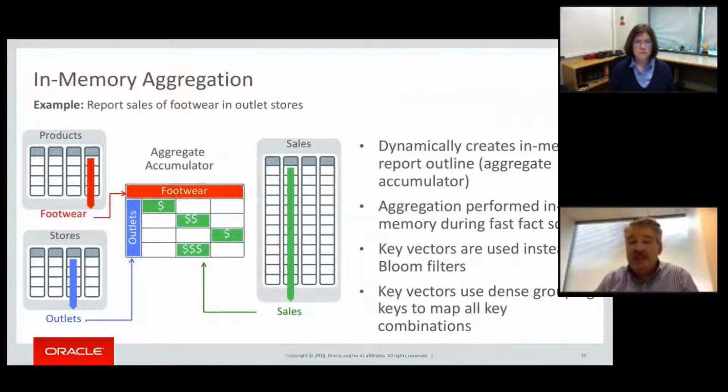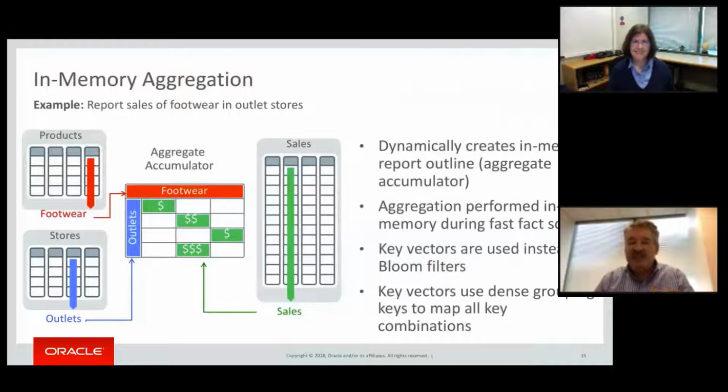As we scan the sales table, we'll contribute the group by columns, if you will, to the accumulator so that by the time we're done with the scan of the sales table, we've already done all the aggregation to return that as part of the group by query directly.